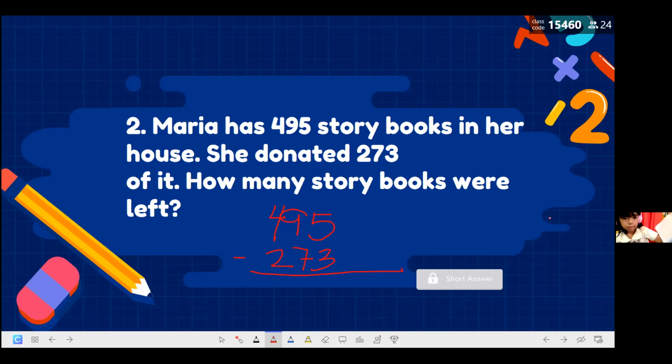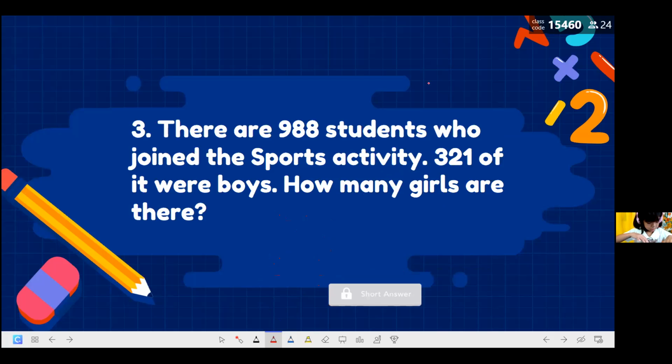I can see here Milky, Elisa, and everyone. The others who did not have a paper, you can just type your answer in the chat box. So what's the answer? 222 storybooks. Wow, good job. That's right. Okay, storybooks. Now let's proceed to number 3.